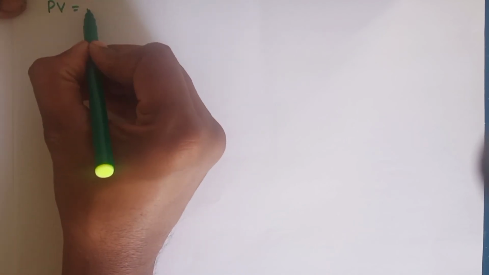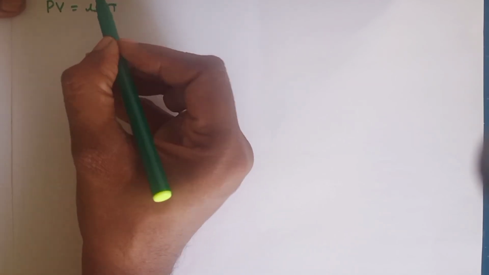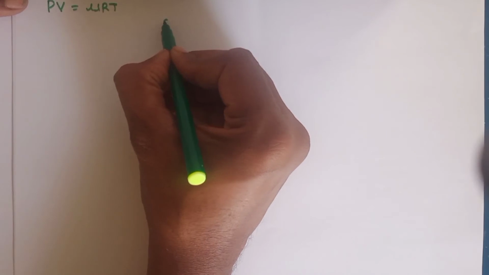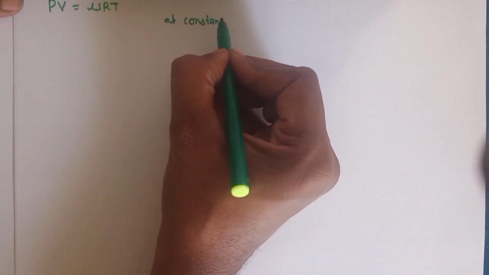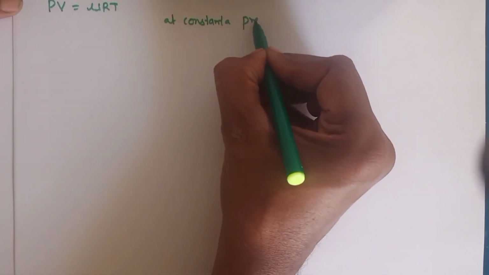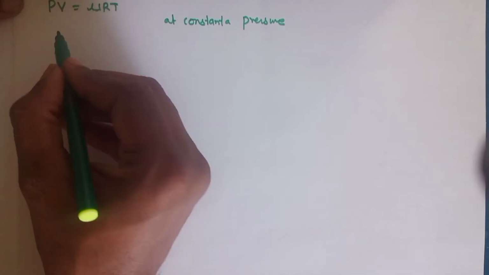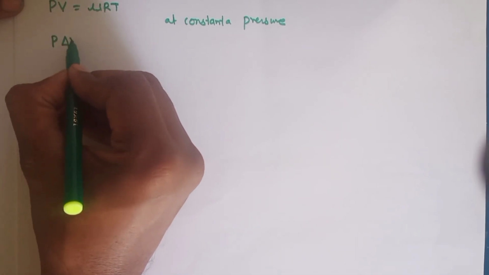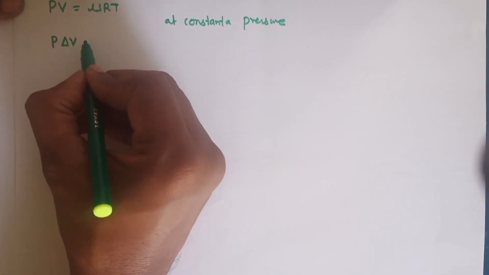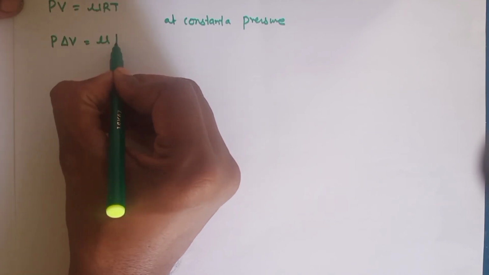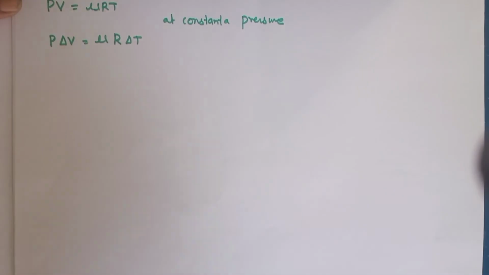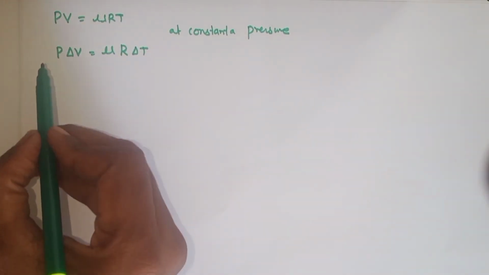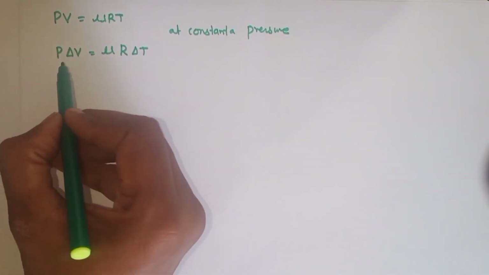Consider the ideal gas equation. PV is equal to nRT or mu RT. At constant pressure, let us apply. P into delta V. Of course, V into delta P becomes 0. Mu is a constant, R is a constant, and delta T. Right? Now, how do you write?